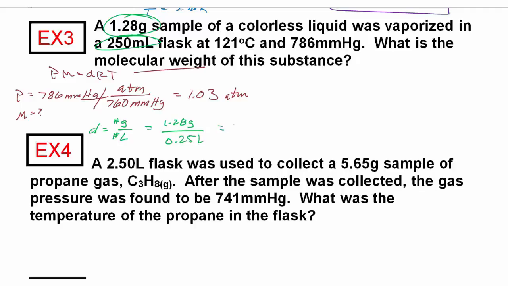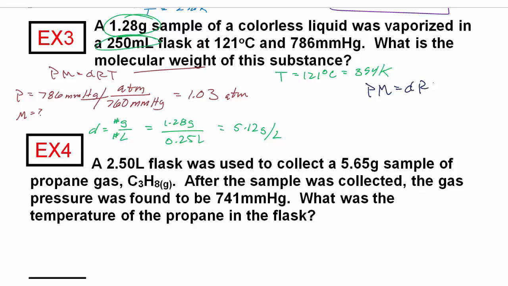We'll have the density. 1.28 divided by 0.25, about 5.12 grams per liter. And I need to know my T. My T is 121 degrees Celsius. Add 273, you get about 394 Kelvin. Now I'm good to go.